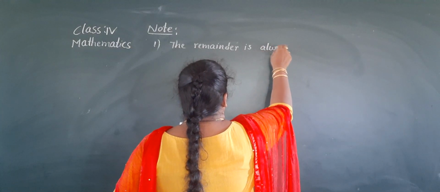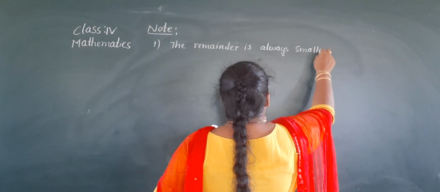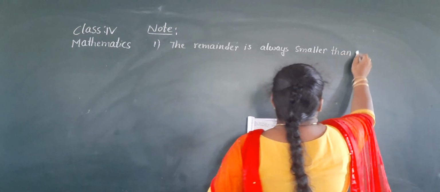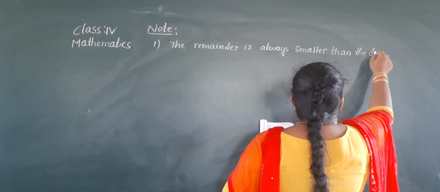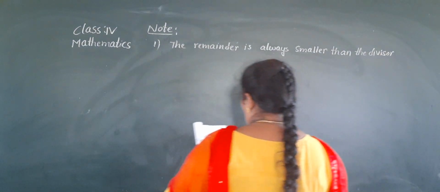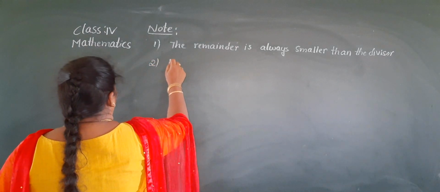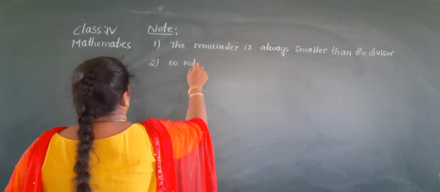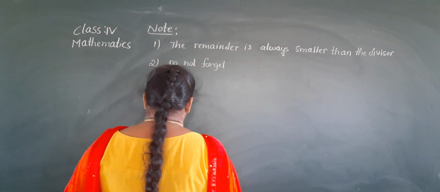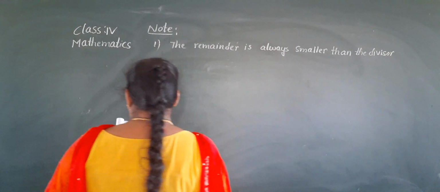Remainder is always smaller than the divisor. And the next one, do not forget.